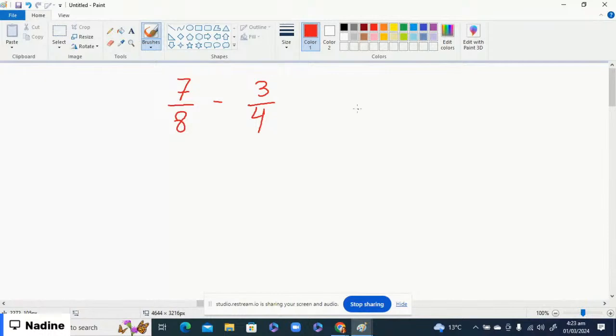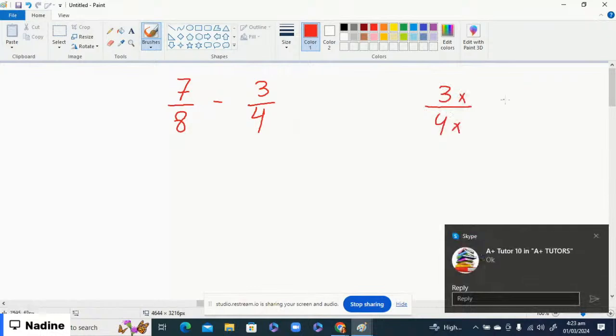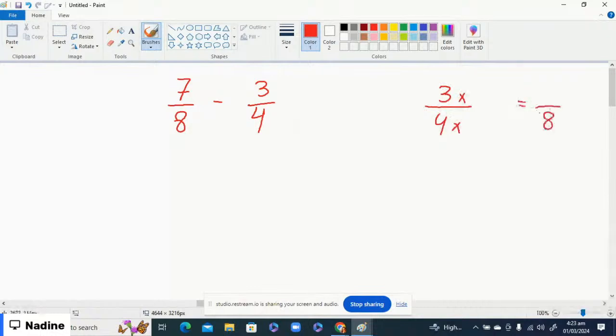We choose 3 by 4. Multiply and divide with which number to make it 8? We multiply with 2. 3 times 2 is 6, 4 times 2 is 8. So 7 over 8 minus 6 over 8. Write one 8 here. 7 minus 6 is 1. So 1 by 8 is the answer. Let's check, is there any answer 1 by 8? Yes.